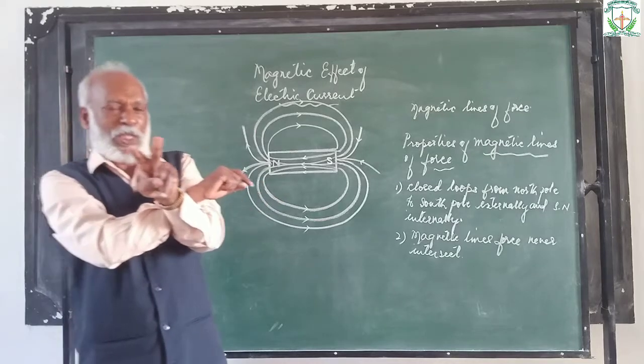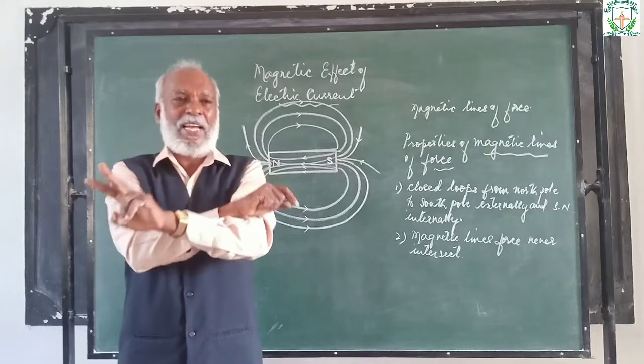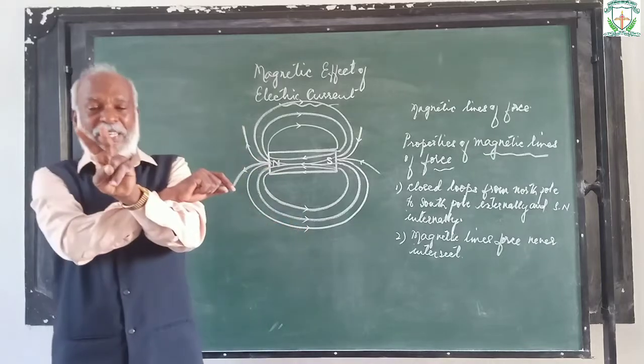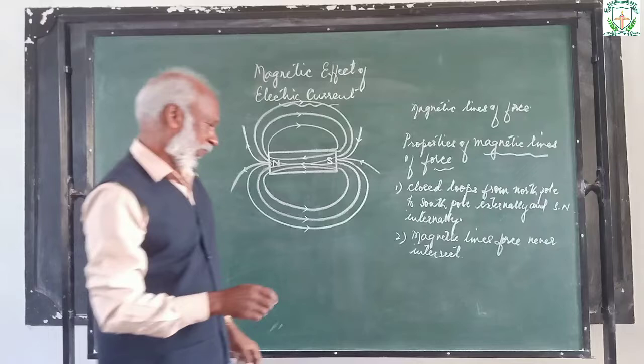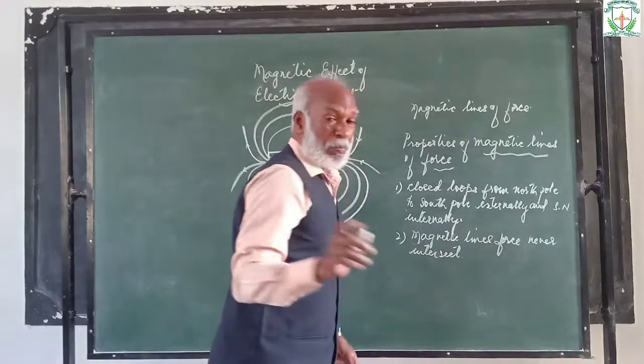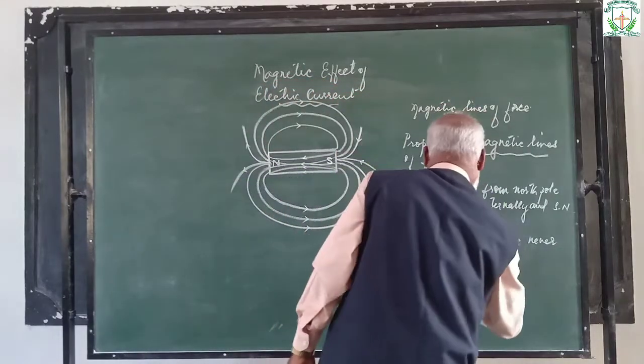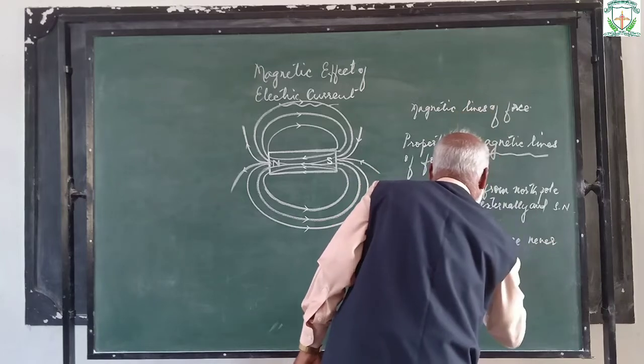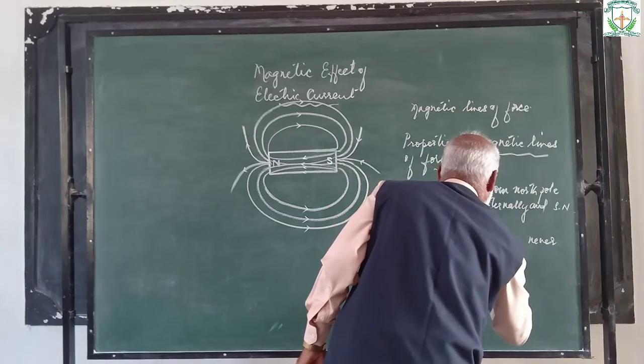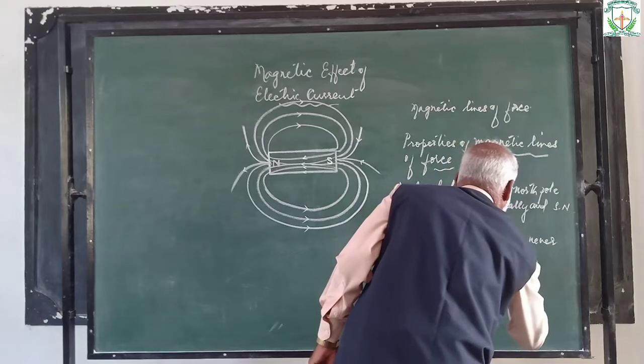So what is the conclusion? Magnetic lines of force never intersect each other. But they may merge.